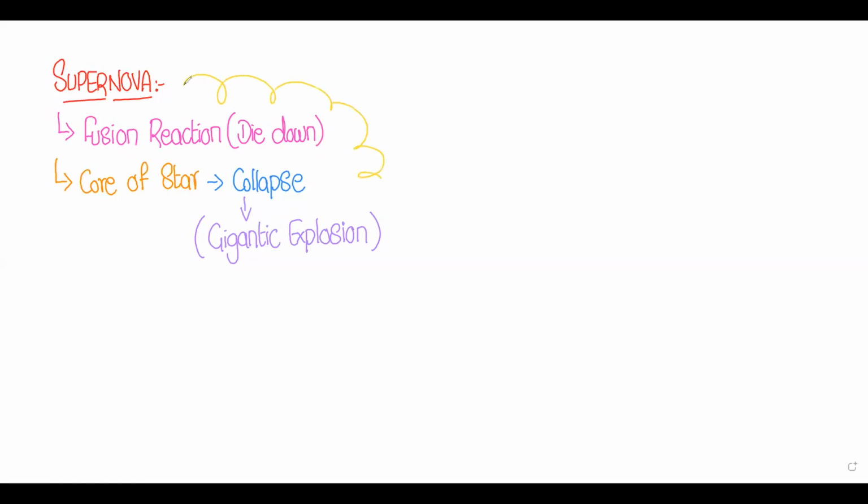Right. So this leads to that supernova. So supernova is basically when there is no fusion reaction or the fusion reaction runs down. So the star is going to collapse towards the core and there will be a giant explosion over there, and that will cause a new stage of the star which is known as supernova, right?